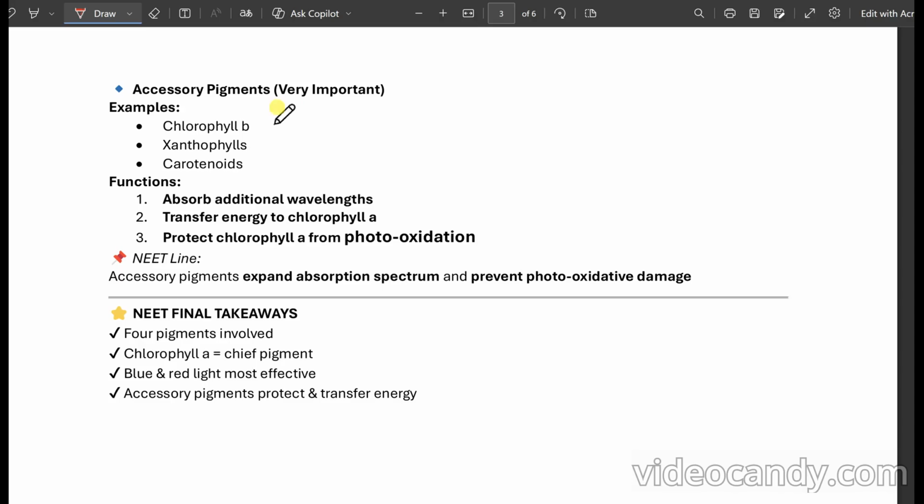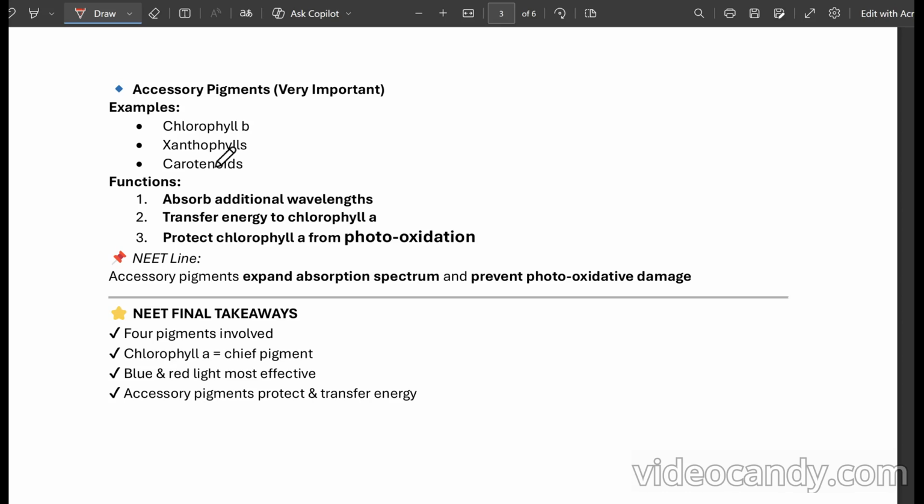Chlorophyll B ब्लू लाइट के थोड़ा बगल में, रेड लाइट के थोड़ा बगल में। Xanthophylls अलग wavelength में, carotenoids blue light और उसके बगल बगल में। So different wavelengths की energy को, light को ये trap करते हैं, chlorophyll भी, xanthophylls और carotenoids। That's why it has all the pigments. हमेशा ऐसा नहीं रहता है कि the sunshine is very nice, the plant is getting only blue light and red light.